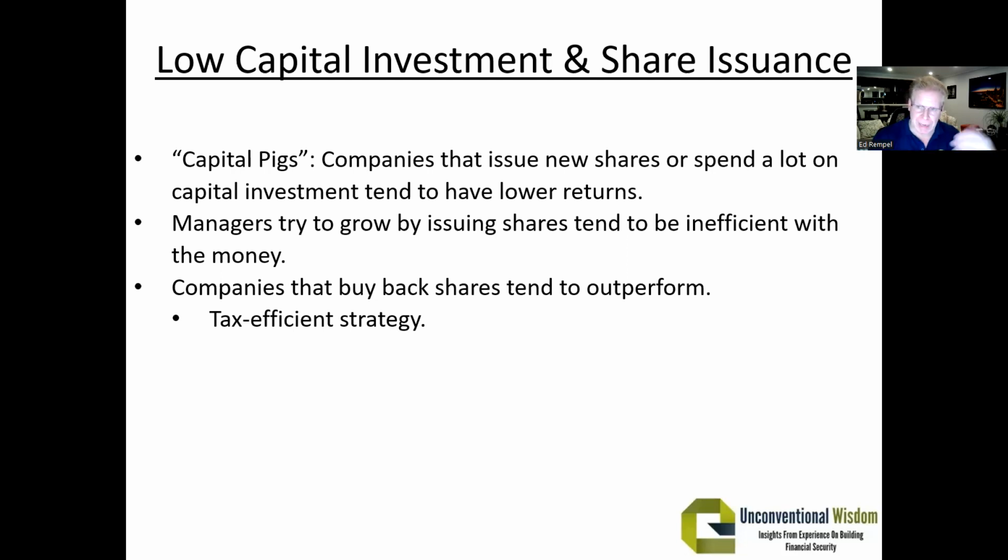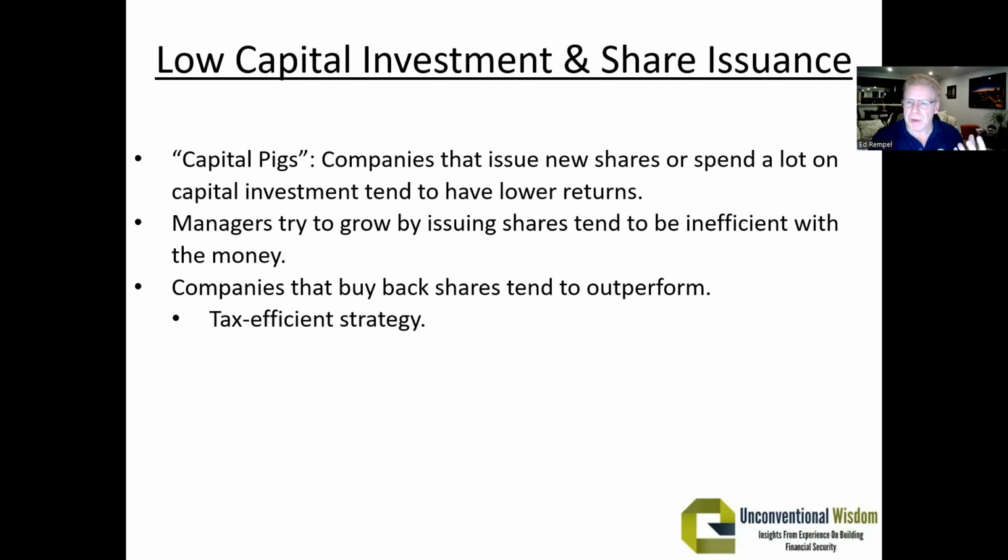You're giving money to shareholders by buying shares on the market, and then there are fewer shares outstanding, so the price per share tends to go up. However, for most people that still have it, they just see the price per share go up, but they didn't sell, so they didn't pay any tax on it. So it's a tax efficient way of giving them money.